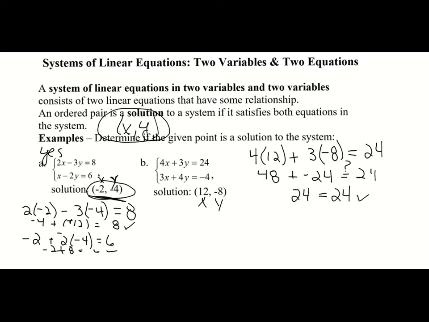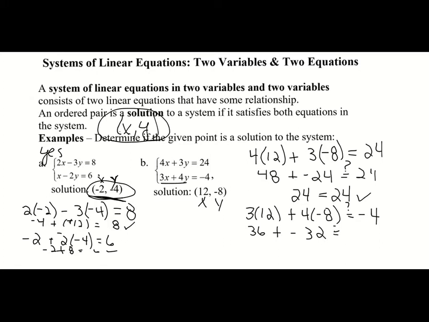So it does work for the first equation, but you always have to check both. So let's look at the second equation, and I'm going to do 3 times 12 plus 4 times -8, and we're going to see, does it equal a -4? So really, that's our question. Are they both the same on both sides? 3 times 12 is 36, plus 4 times -8 is -32.